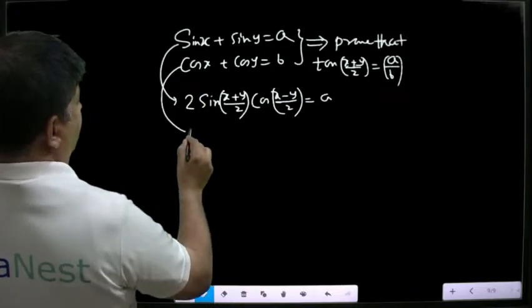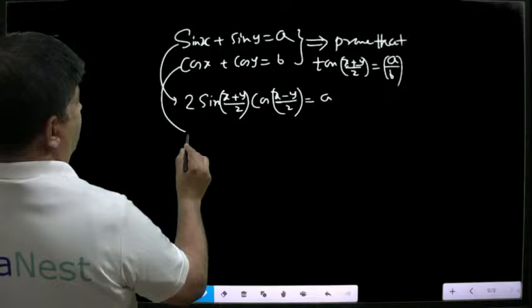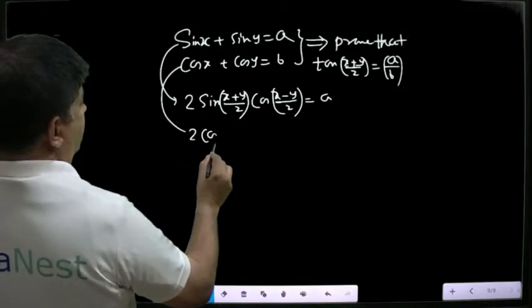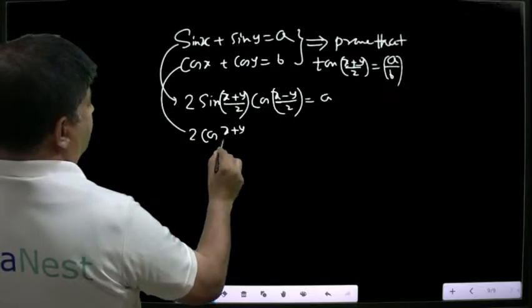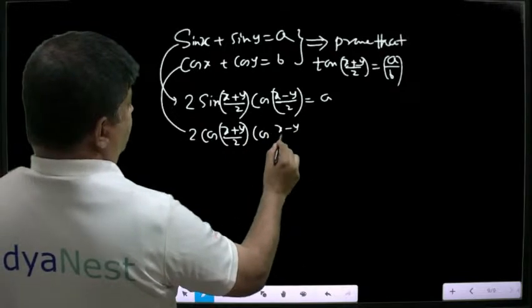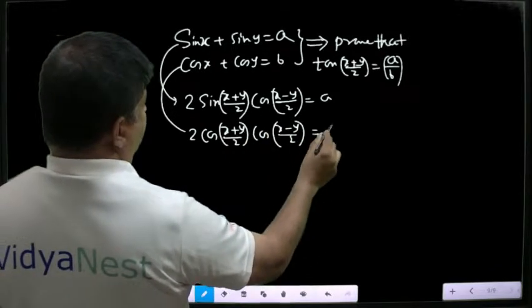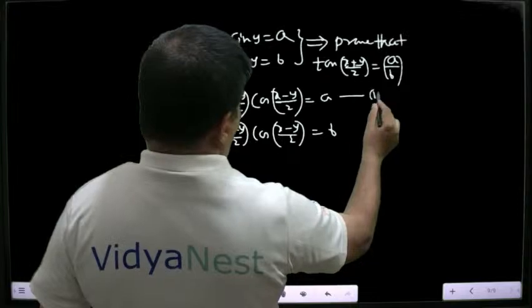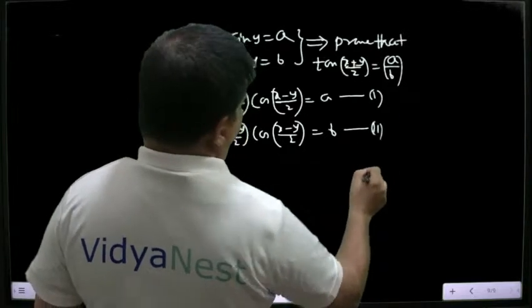From here, cos c plus cos d, you get 2 cos x plus y by 2 cos x minus y by 2, that is b. This is equation number 1, this is 2.